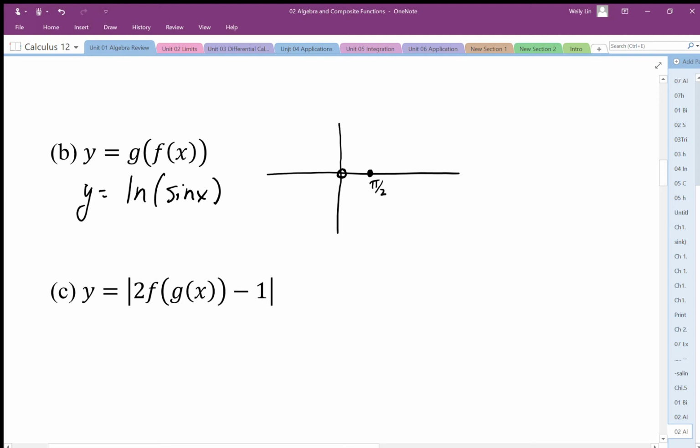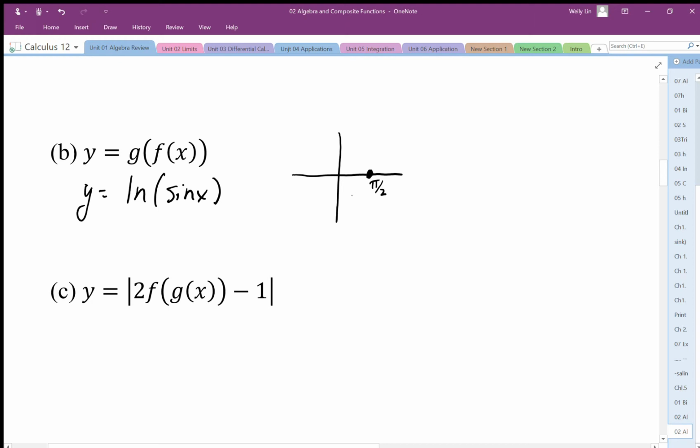And as we hit pi, we're going to be back to 0, and we cannot have a point at 0. Okay, so actually I shouldn't put that, that shouldn't be there. So I've got a point here, that's my maximum, and I've got an undefined value at sine of 0, because sine of 0 is 0, and log of 0 is negative infinity.